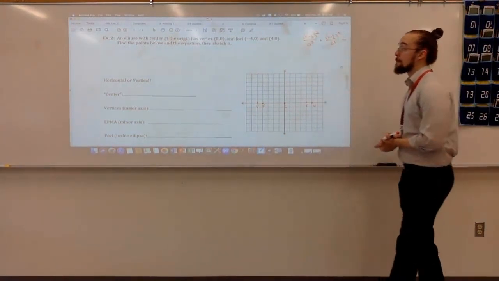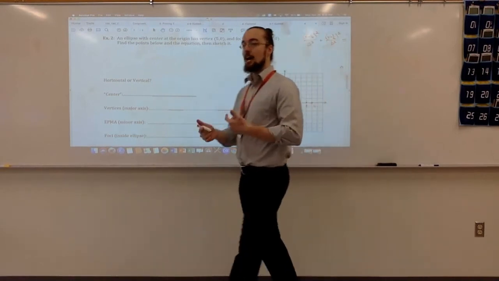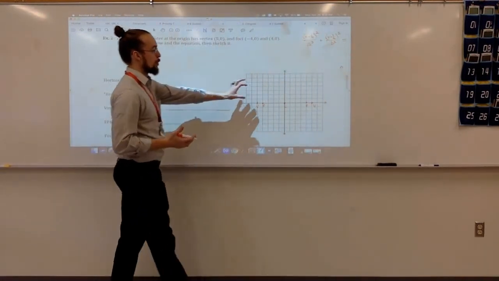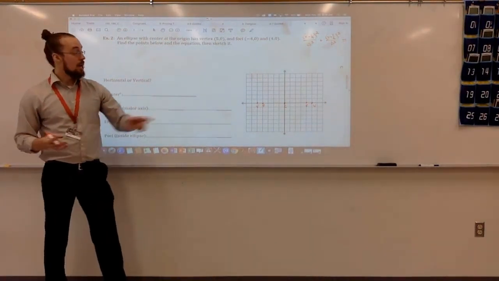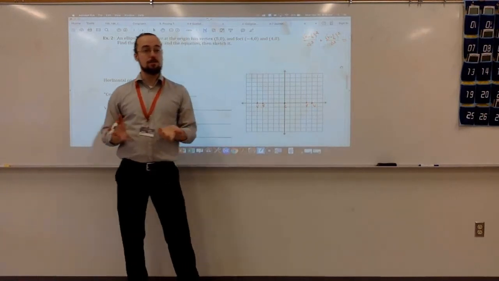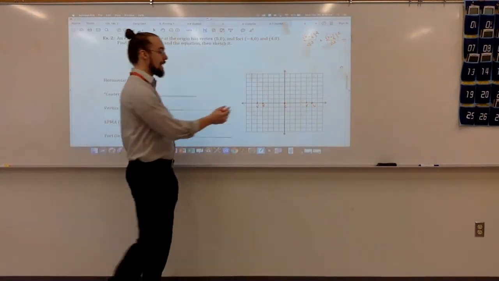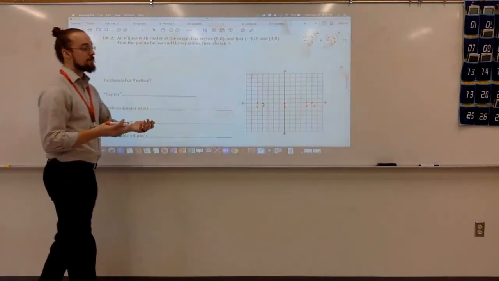Now I need to find how far up and down I need to go from my center to get to the endpoints of the minor axis. I know that this is the major axis because the foci are on that axis. So I automatically know that this is going to be the longest side.